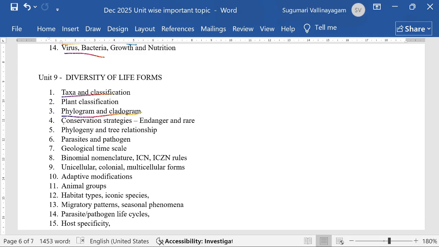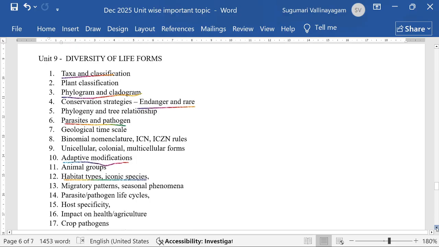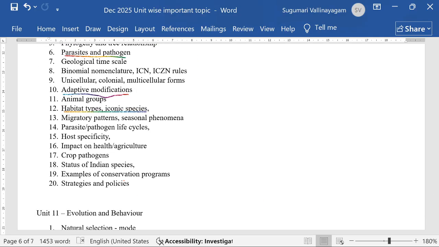Then conservation strategy, endangered and rare species, where they will definitely ask one question, and parasite-pathogen interaction. Next, adaptive modification, how animals adapt and modify their systems, habitats, types, and iconic species, which animals are iconic species. And crop pathogens are an important topic from the exam aspect.